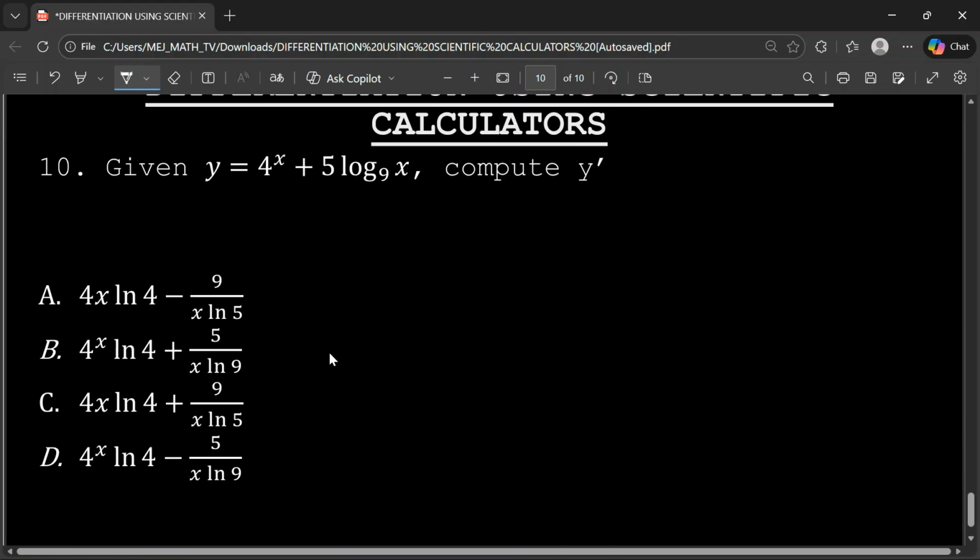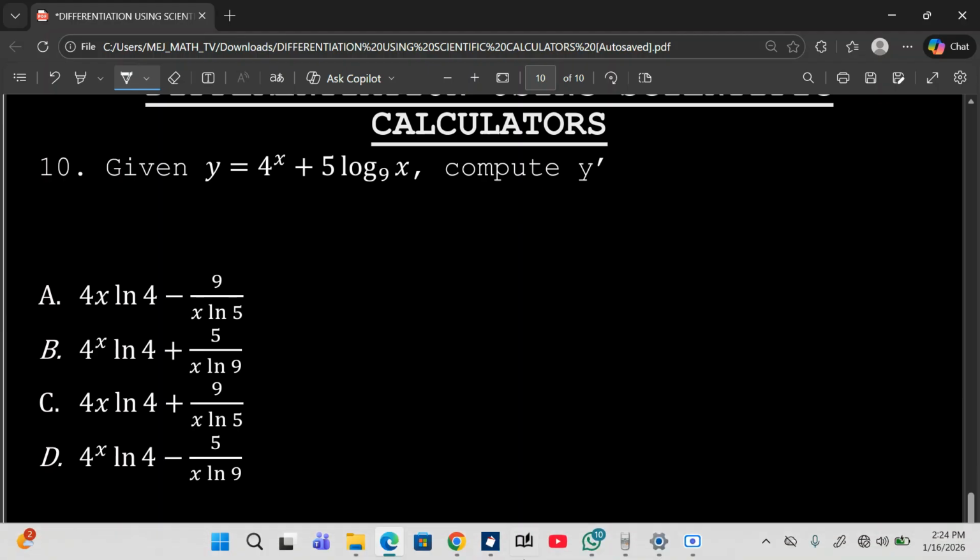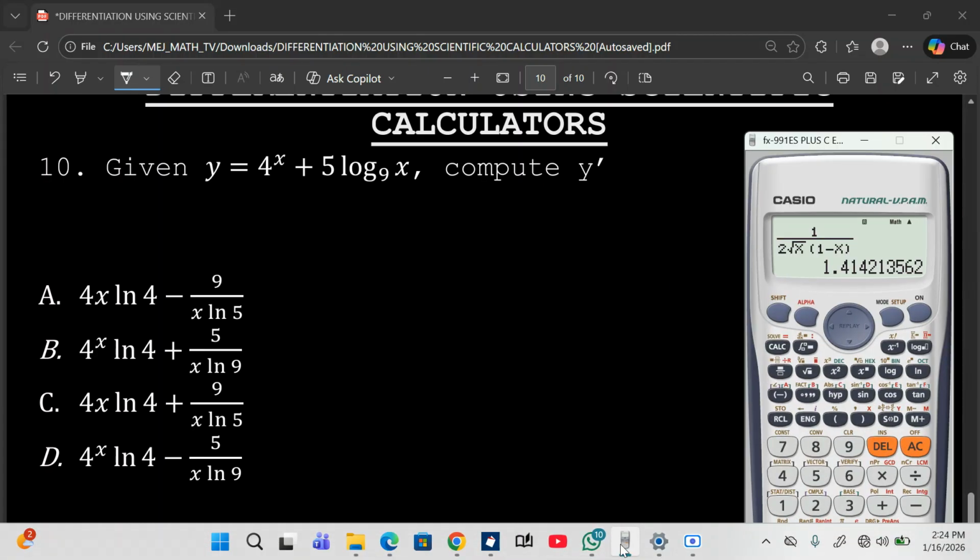Now, given y to be equal to this function, compute y prime. So you're going to pick a scientific calculator.